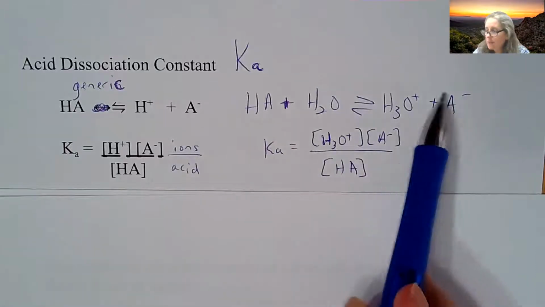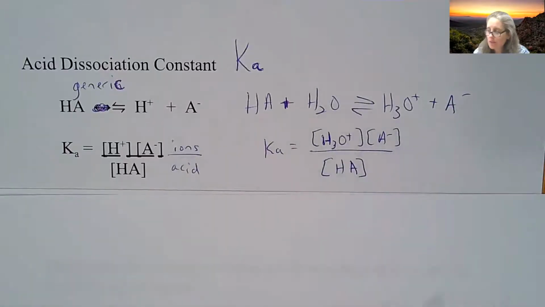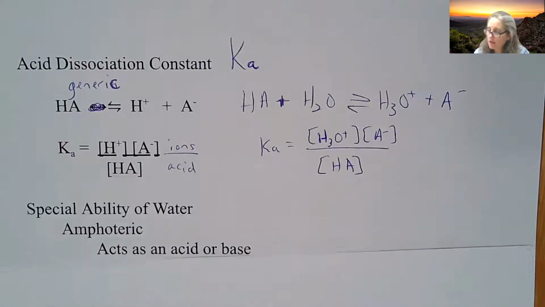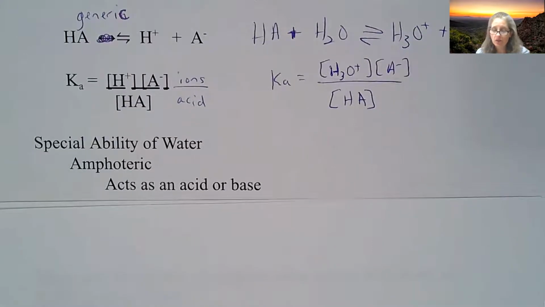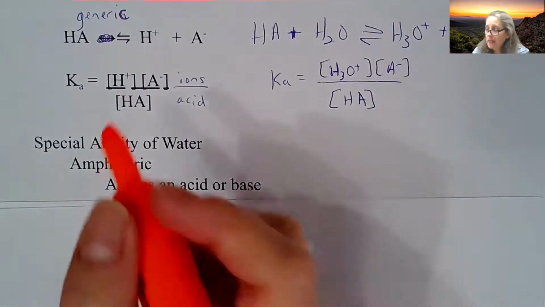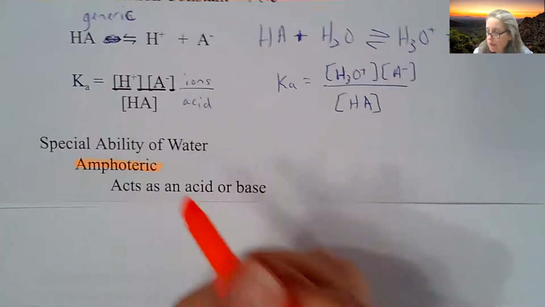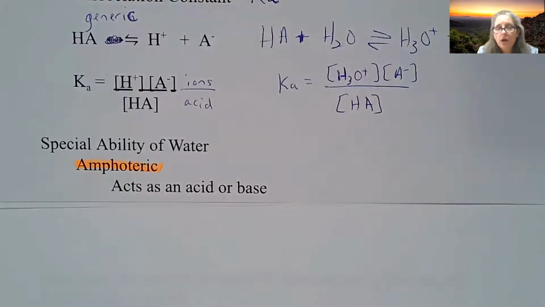So this idea of equilibriums is going to be where we continue with our discussion of acid-base and some definitions that you need to know. So if you didn't recognize with our Bronsted-Lowry discussions, water has an ability to be what we call amphoteric.